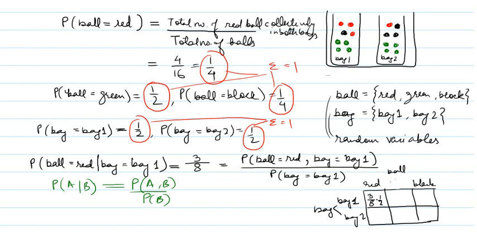The probability of bag 1 is 1 by 2 for all of these. So in bag 1 it is 3 by 8, 4 by 8, 1 by 8, and this is again 1 by 8, this is 3 by 8, green is 4 by 8, and this is again 3 by 8.